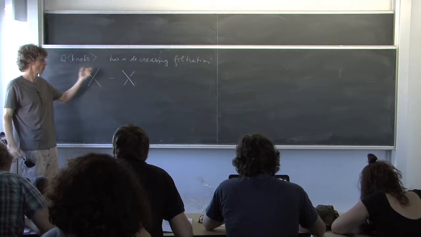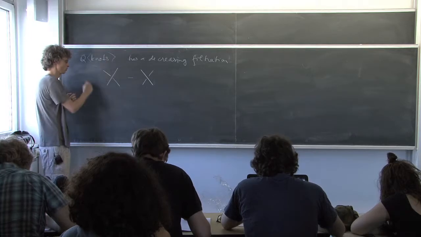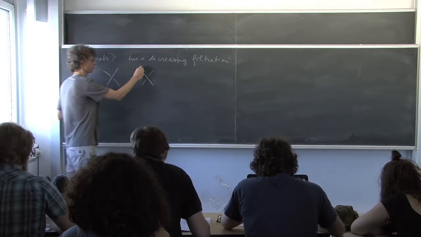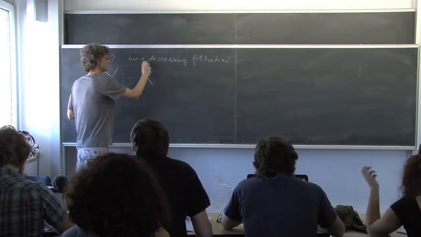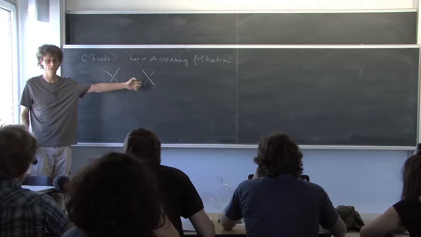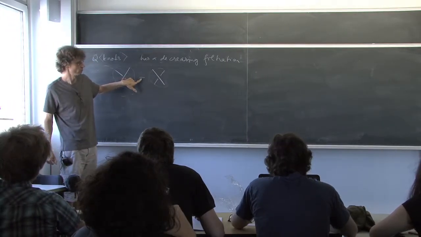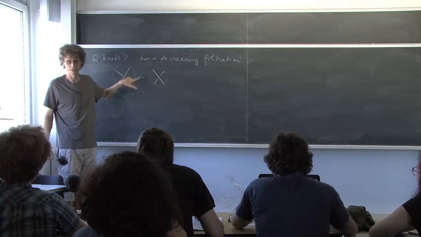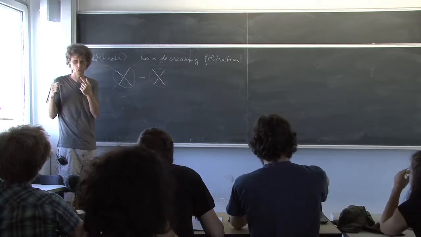Imagine a knot which continues on, and the same knot where we only replace a little part. We get a linear combination of two knots in this way, and this is supposed to go down in the filtration by one. Each time you see a difference of two crossings.